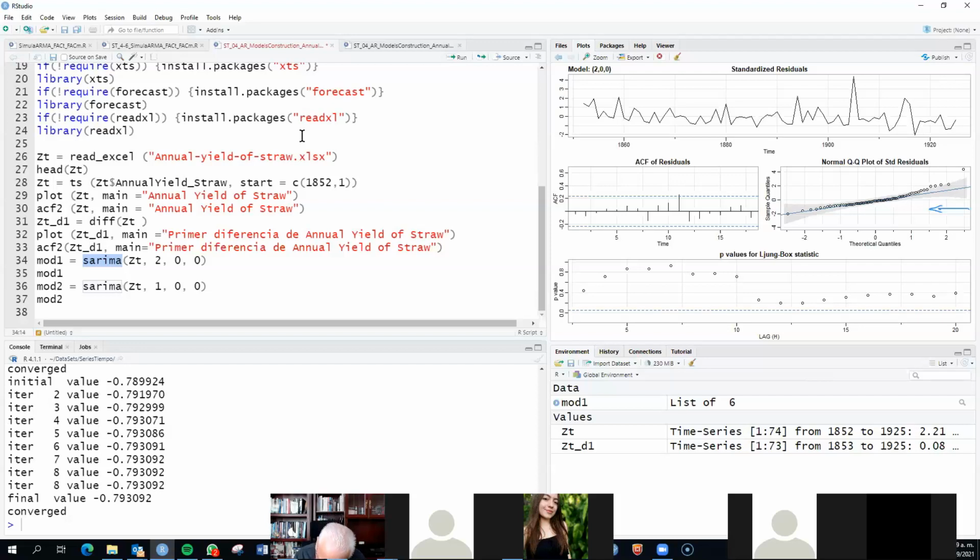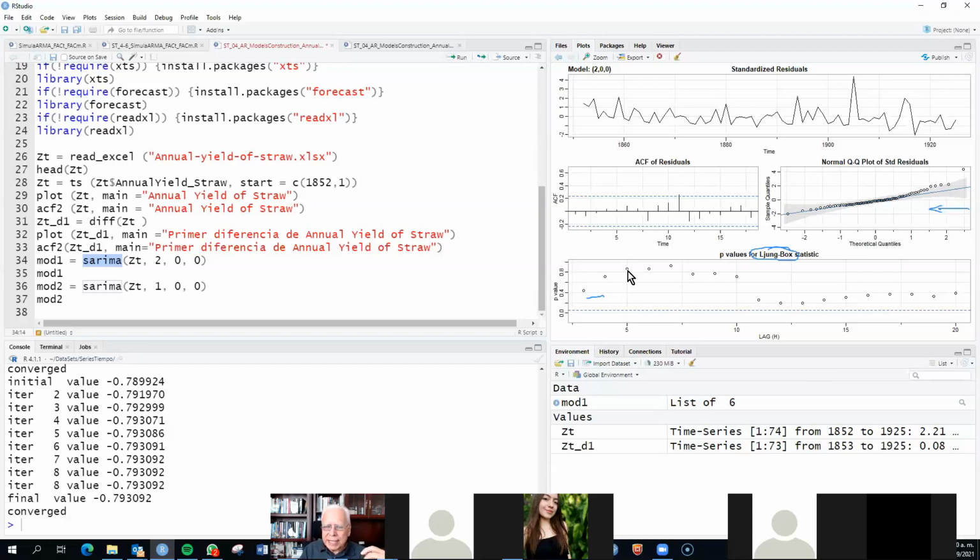This statistic here is the Ljung-Box test. What this statistic is doing is testing the hypothesis that, for example, the first 5 autocorrelations of the residuals are 0, against the alternative that at least one of them is different from 0.